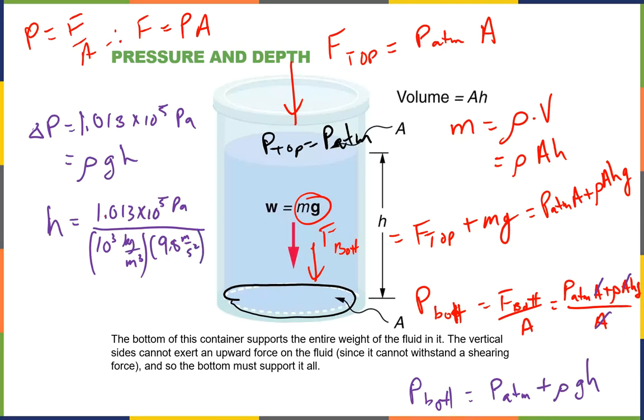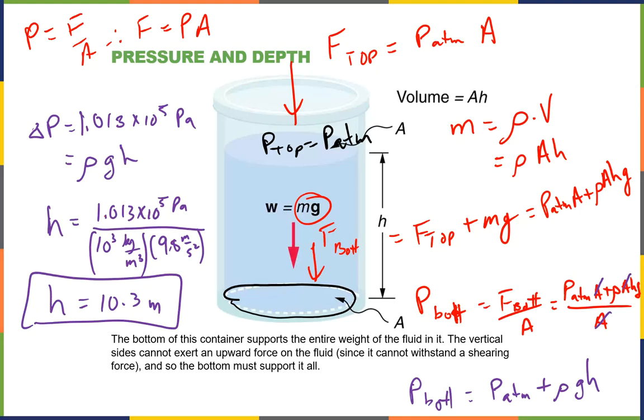That would be, of course, the acceleration of gravity. And so if you put that in your calculator, what do you get? 10.3? 10.3 meters.